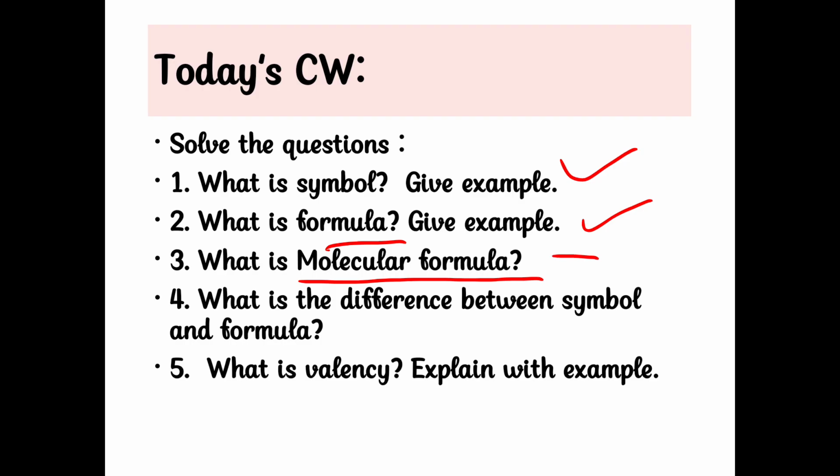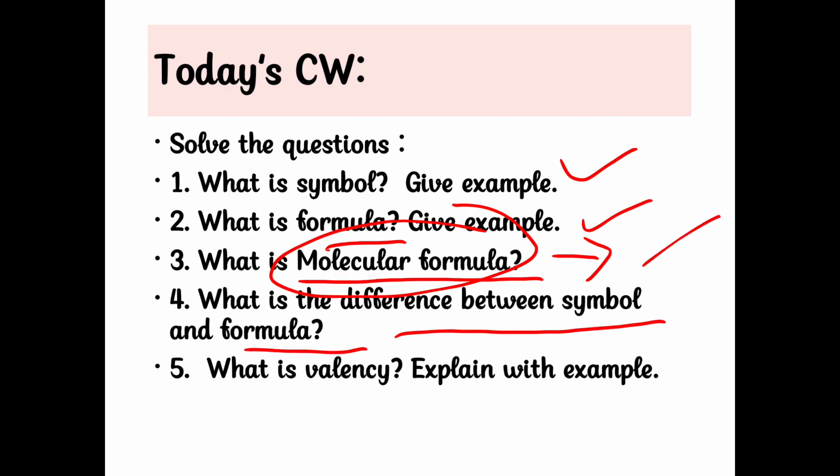You can use any example of any compound to explain this molecular formula, and then you have to write the difference between symbol and formula. You will make a table to write the difference. And then the question is valency. You have to explain the valency with any example you like.